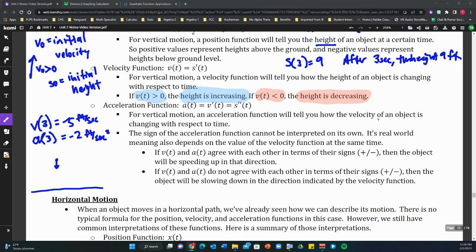Now, if they do not agree with each other, so one is positive and one is negative, so let's say, for example, I flip this around and make this a +5 velocity, well, that would mean that this object is actually traveling on its way up, but it still has a negative acceleration that is kind of counteracting against it. So every second that passes, that negative acceleration vector is going to cancel out part of that velocity. That is what happens when objects travel up away from the Earth.